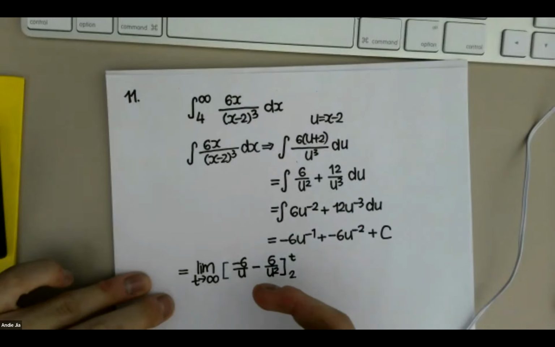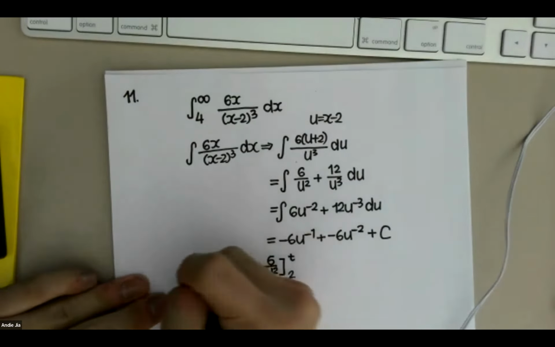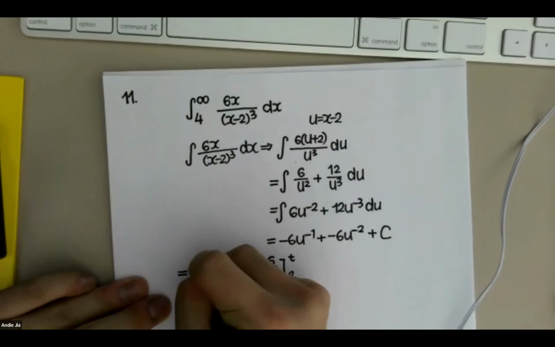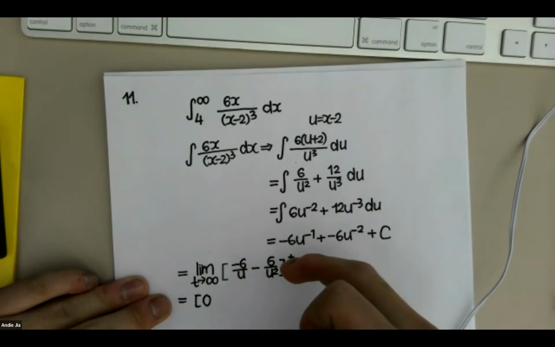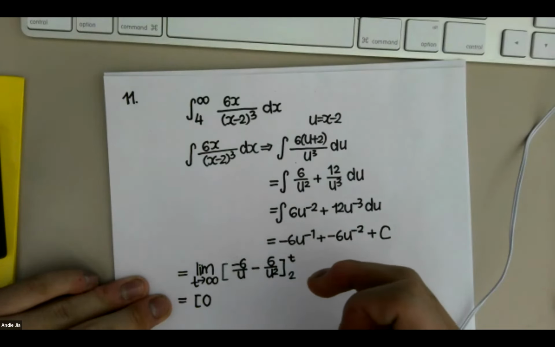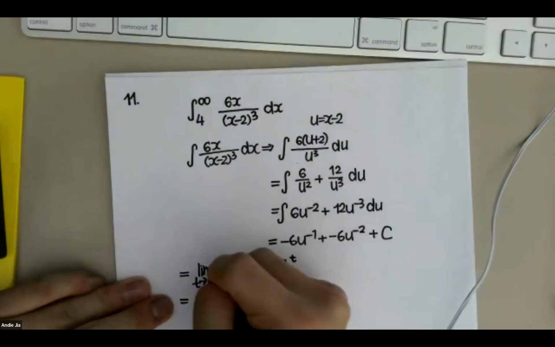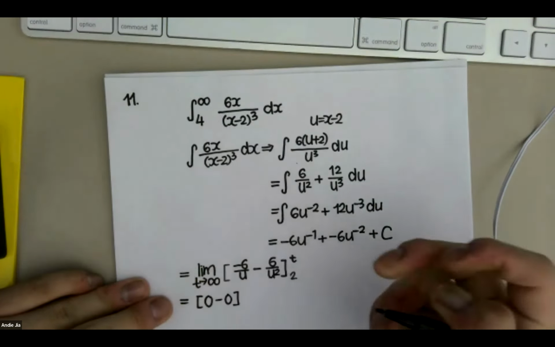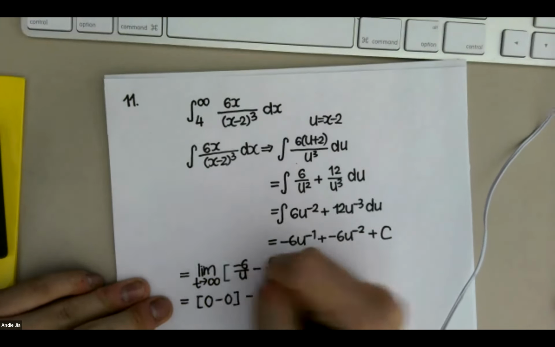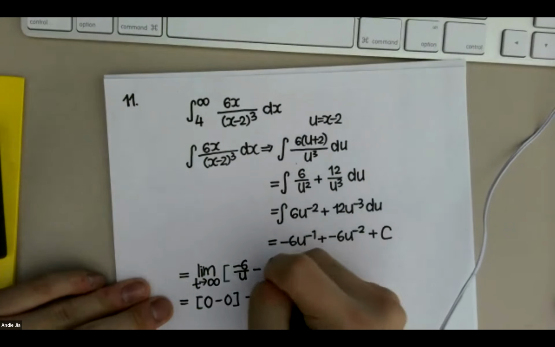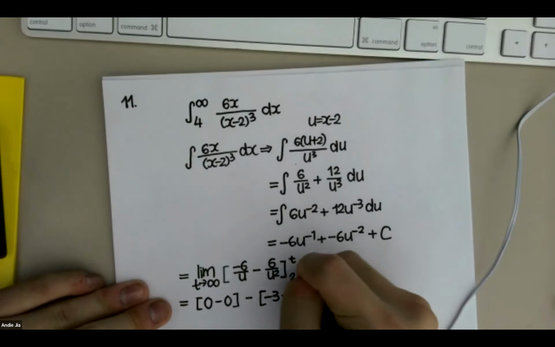If t is infinity, then the terms go to 0 and 0 here, and the minus gives negative 3 minus 3 over 2.